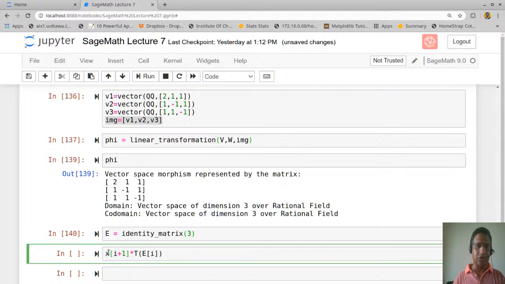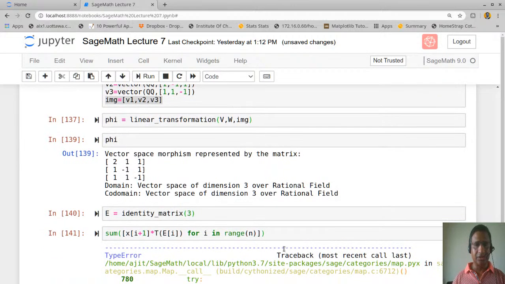If I take i equal to 0, x of 1 is x1, and T of e1 is the image of the first vector. Then I'll simply use for i in range n, make a list of this, and then take a sum of these things.